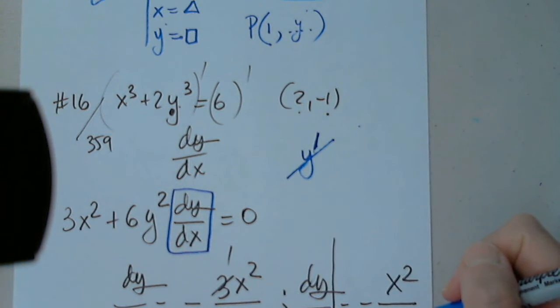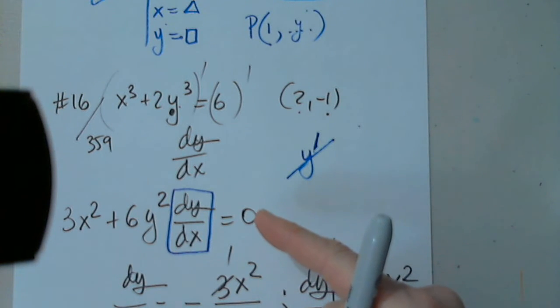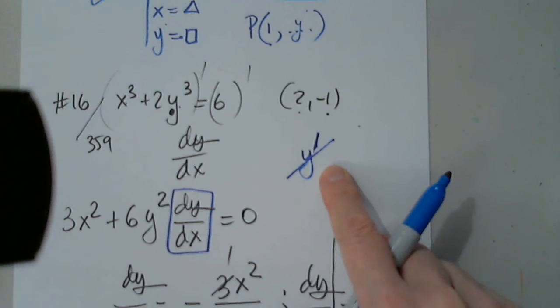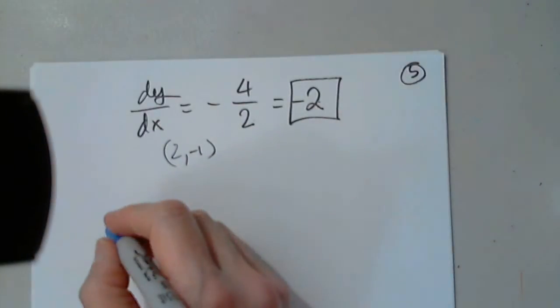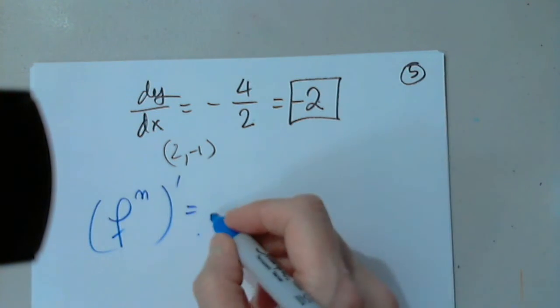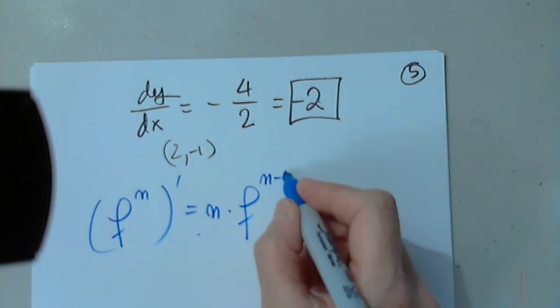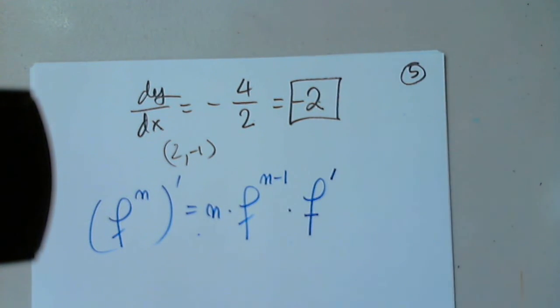So for everyone that has a y, when it says inner function prime, it's basically the dy over dx. Exactly. Let me refresh your memory on how we differentiate a function to the power n. n times f to the n minus 1 times the inner function prime.